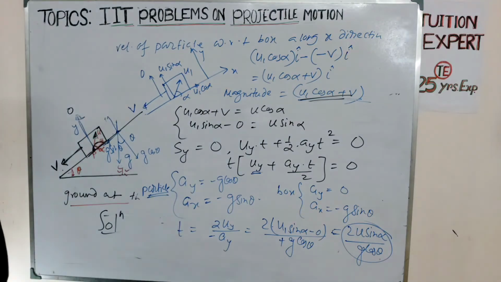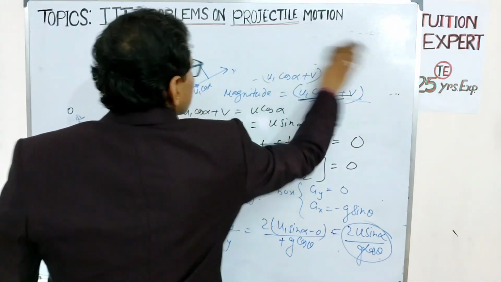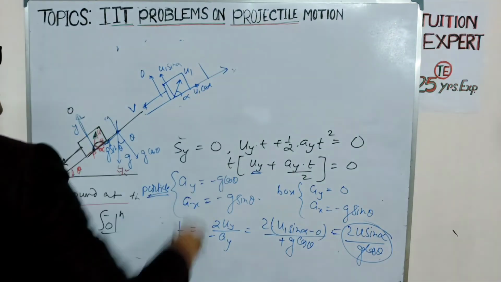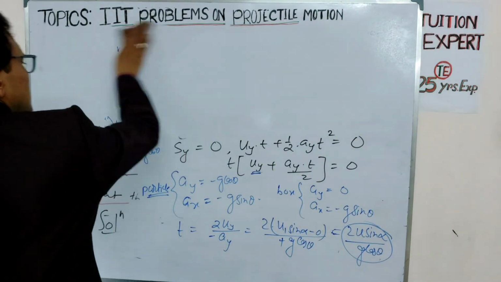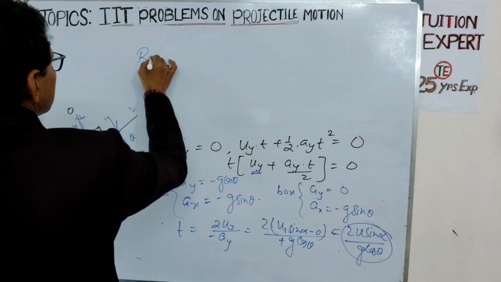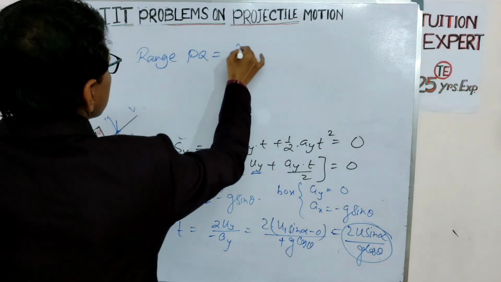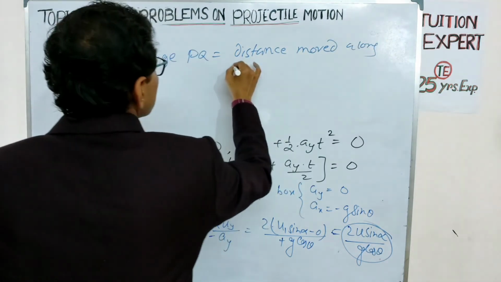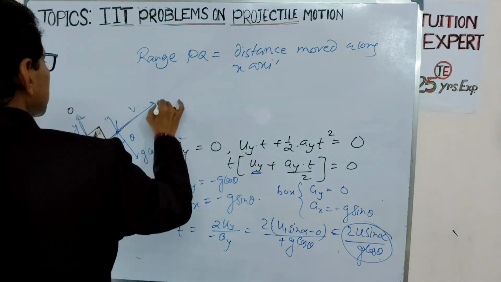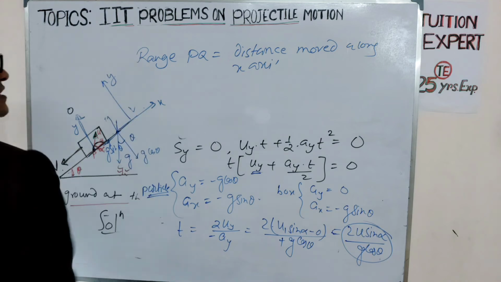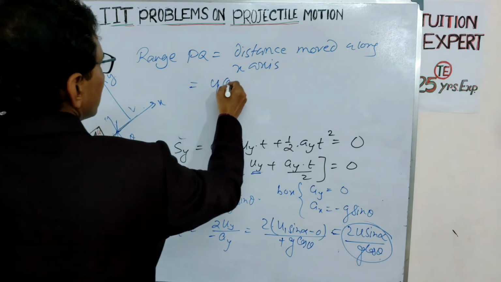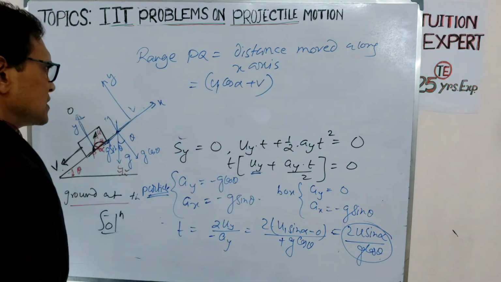Now what is the range? Range PQ is the distance moved along x-axis. Here the x-axis is this direction, not that one, and this is the y-axis. Along x-axis, the velocity is u1 cos alpha plus v, which is with respect to box.